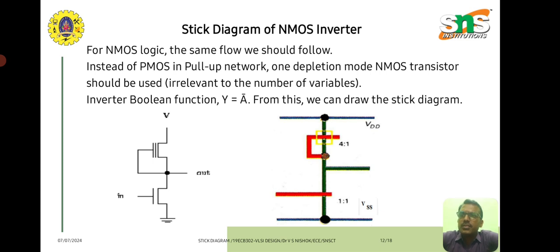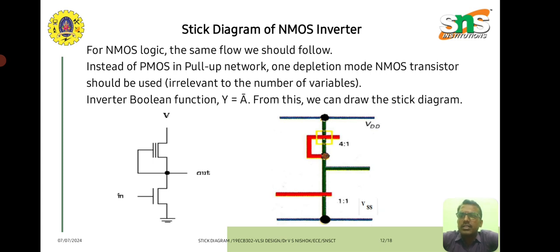In the pull-up network, since it is NMOS logic, only one depletion mode NMOS transistor is used. Its gate terminal is connected with the source terminal, as shown in the figure. This is the example of NMOS logic for the inverter circuit.